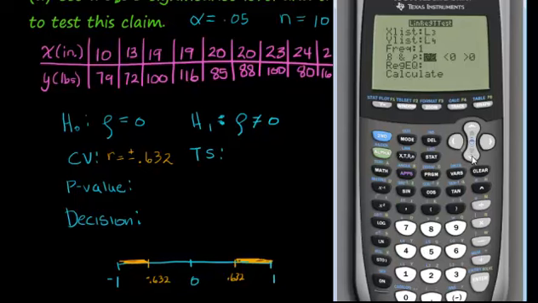Frequency's 1, two-tailed test. We don't put anything in this field, and calculate. Okay, so my p-value is 0.06668. To 4 decimal places would be 0.0667. My R test statistic is 0.6.